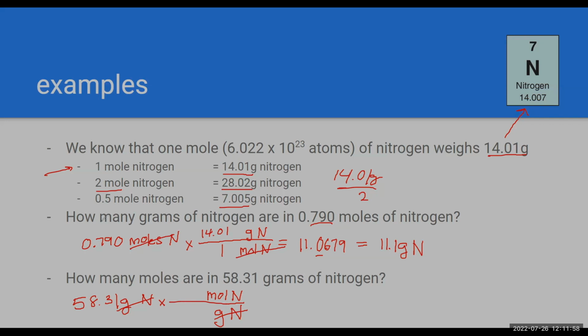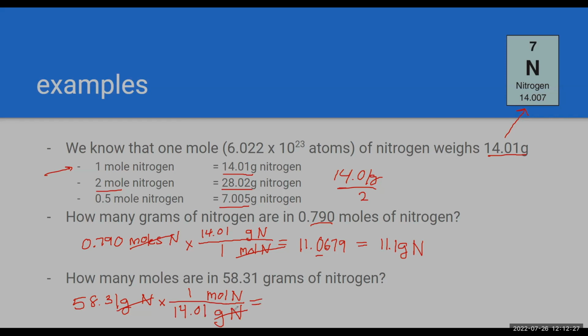So once again, I'm going to look back at our example. It's going to be 1 mole is equal to 14.01 grams of nitrogen. So I can put 1 mole on the top equal to 14.01 grams of nitrogen.